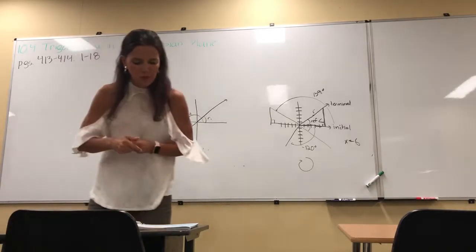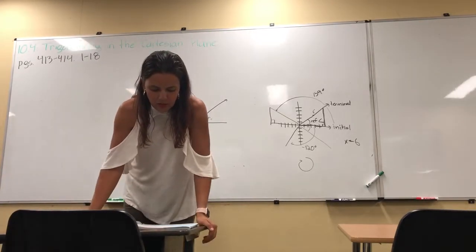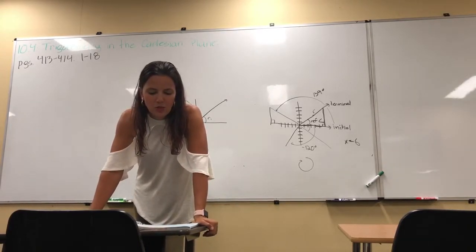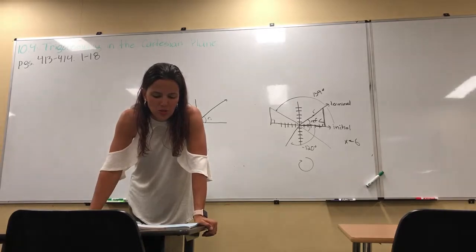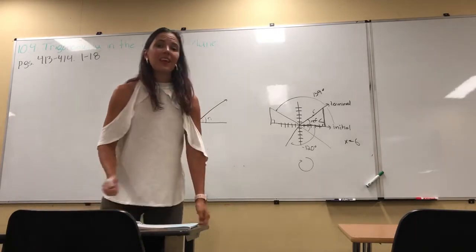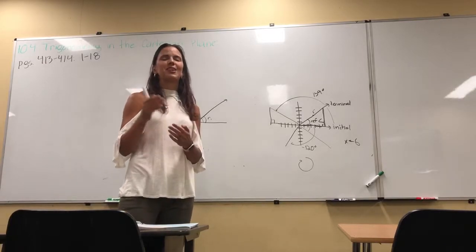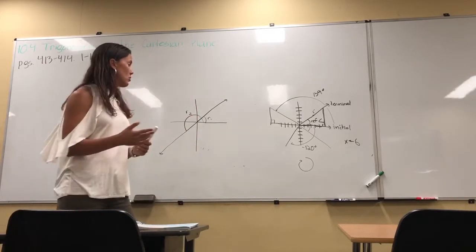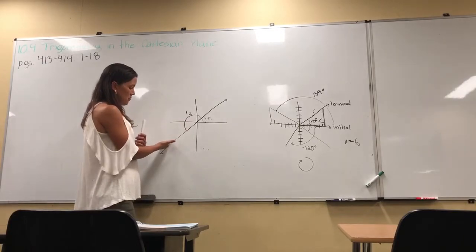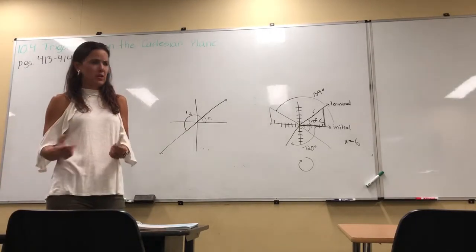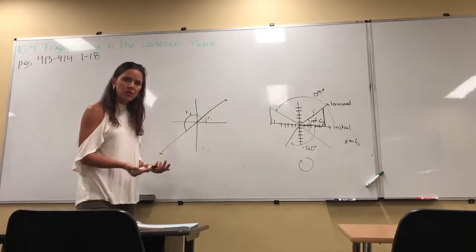And what does it mean by, if you look at the end of the first sentence on page 412, angles with the same terminal ray have the same ratio? That means that they have the same sine, the same cosine, the same tangent, okay? So technically you can't make a right triangle with this angle, right? Because the angles in a triangle add up to 180, and this is bigger than 180.